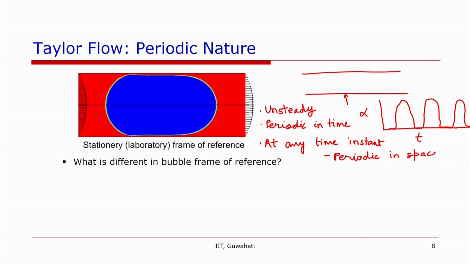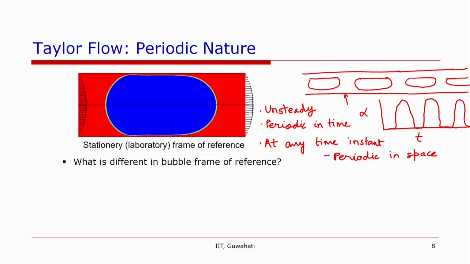So if you take any snapshot of Taylor flow in a channel, then you will have the bubble shapes supposed to be the same and periodic. Pardon me for my poor drawing skills. So there is periodic flow of bubbles, and this is also periodic in space.